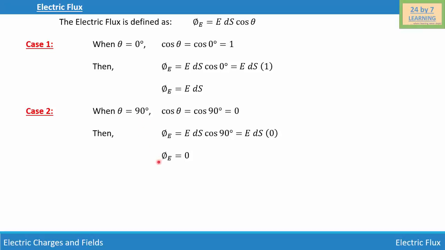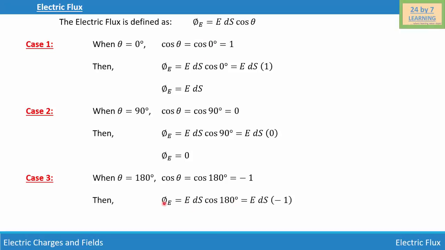Now let's consider our last case, case 3, when theta is equal to 180 degrees, which simply means cosine theta is equal to cosine 180, and that is equal to -1. Let's substitute this value in the equation to get the electric flux.